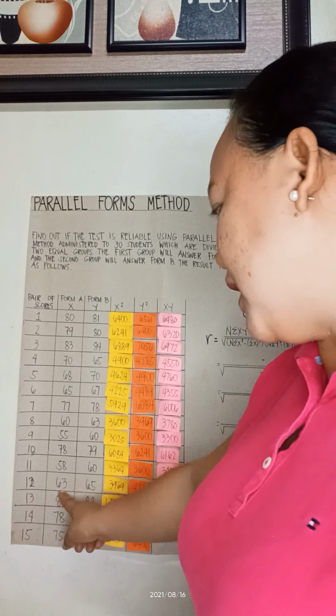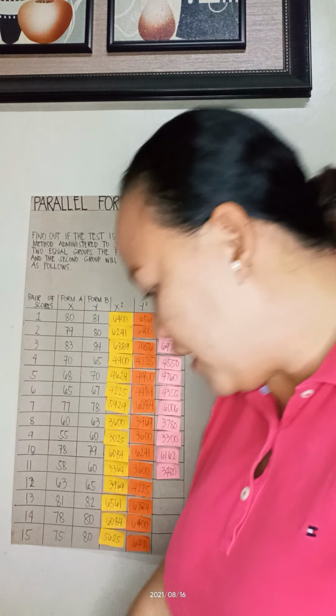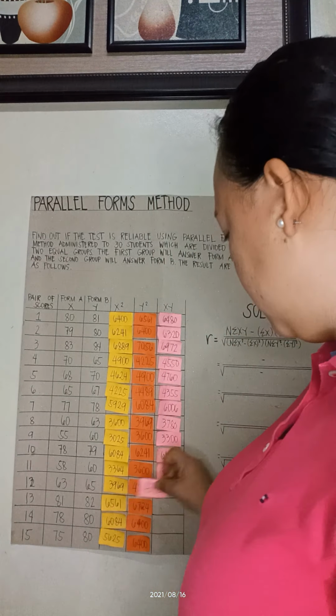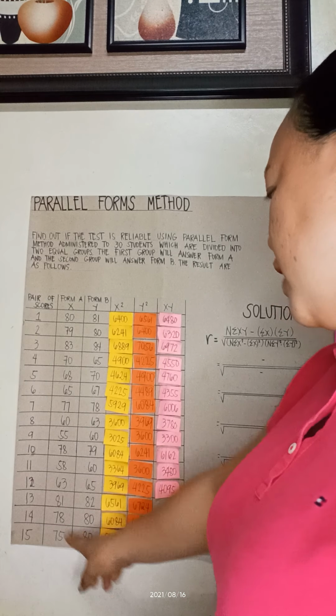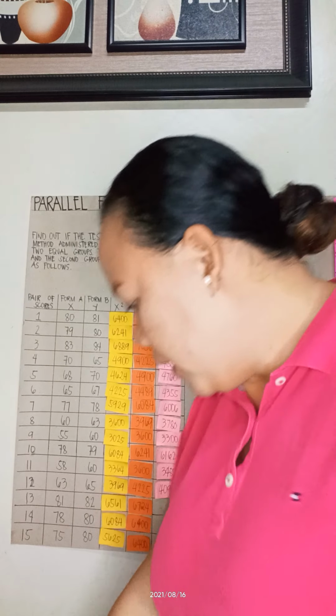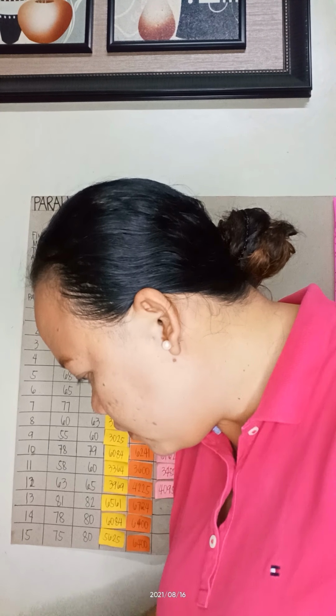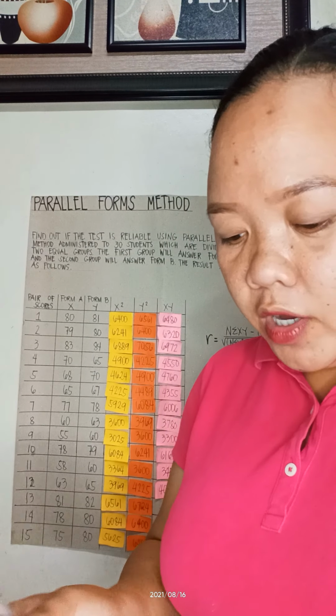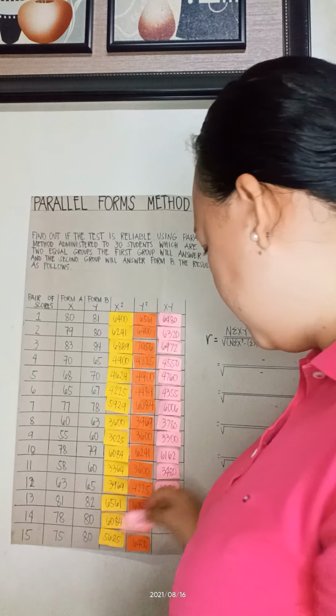Next, 63 times 65 is 4,095. Next is 81 times 82, which is equal to 6,642.